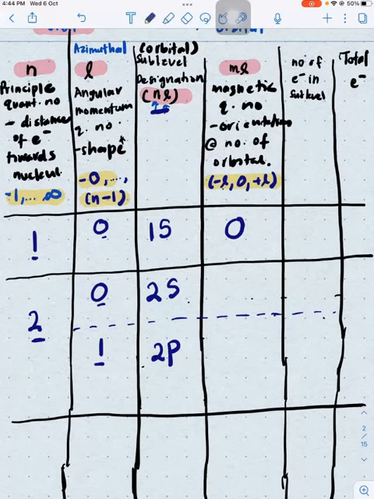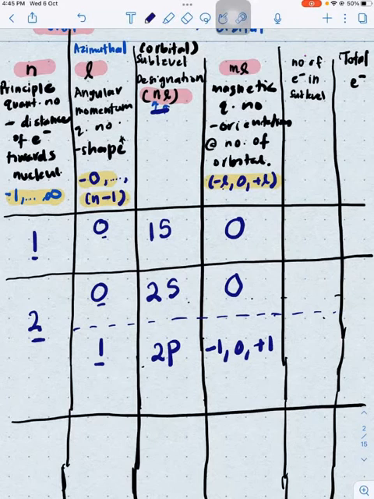So maknanya 0 lah sebab L dia kosong kan. Okay. Let's move to yang bawah ni. Bila L kita 1. What do you think? What should be our ml value based on the formula? Negatif 1, kosong, positif 1. Yes, that's correct. Okay. Nilai dia akan jadi negatif 1, kosong dan juga positif 1.